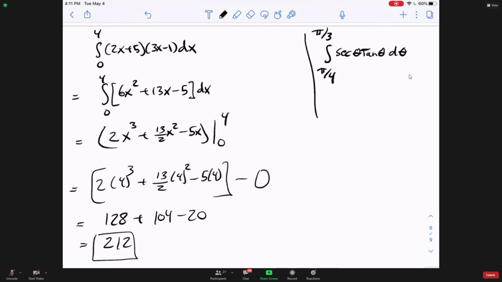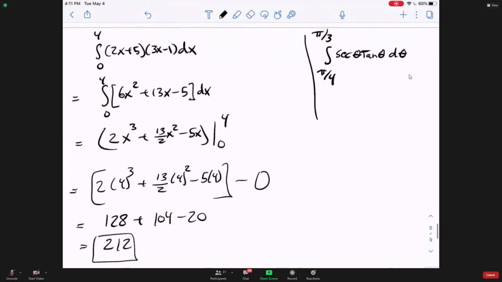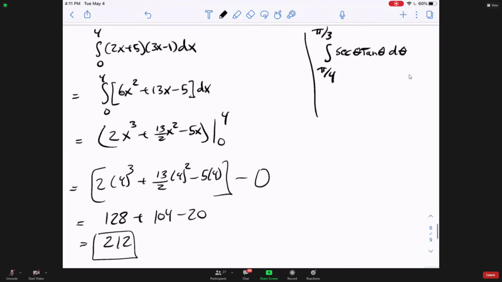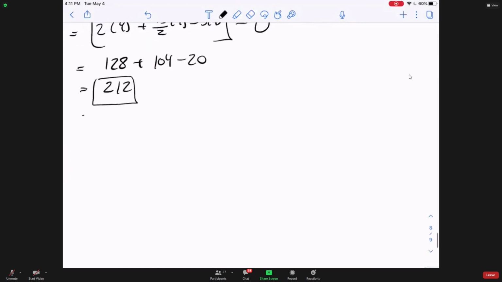All right, so this next one, I'm going to rewrite it down here. Secant tangent theta. You really want to be familiar with your trig. So what's the antiderivative of secant tangent?